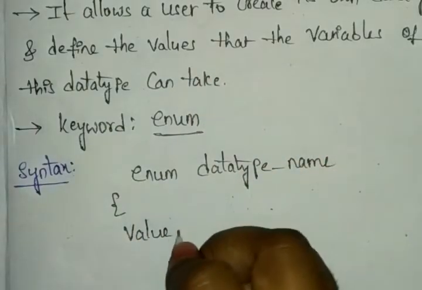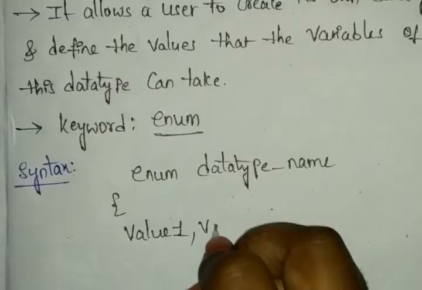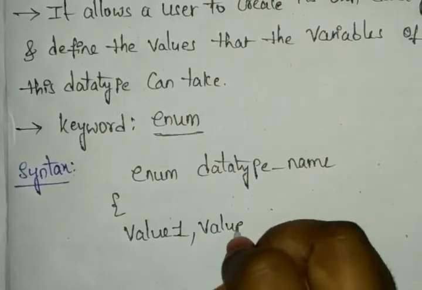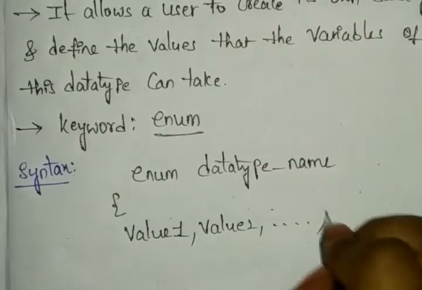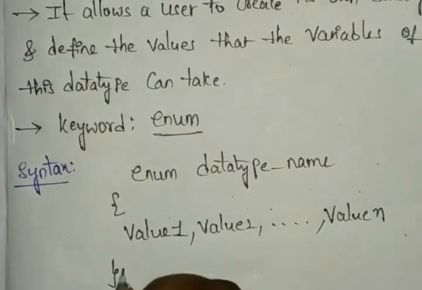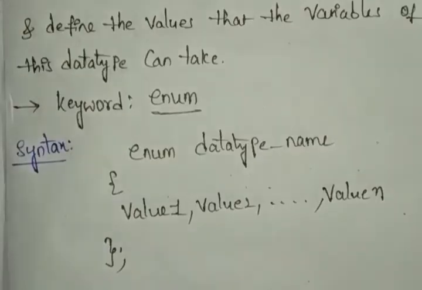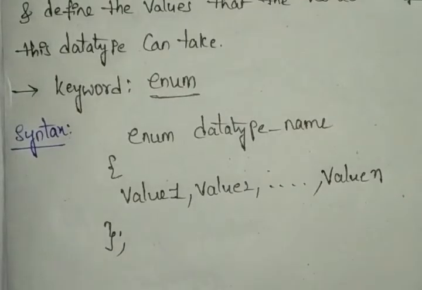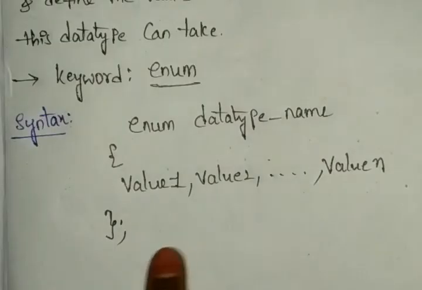So we can choose several values for this, up to so on value n. Once you have completed, close the enum data type. Or else you can write this in a single line also, which is possible.